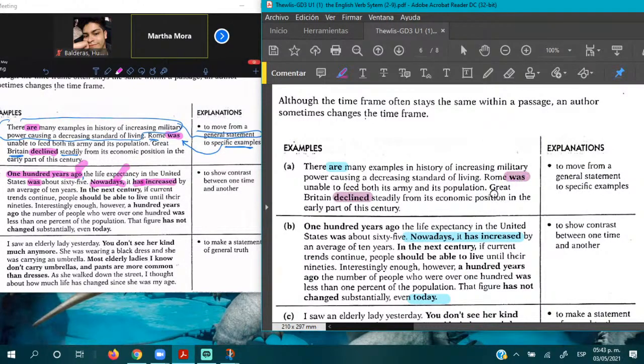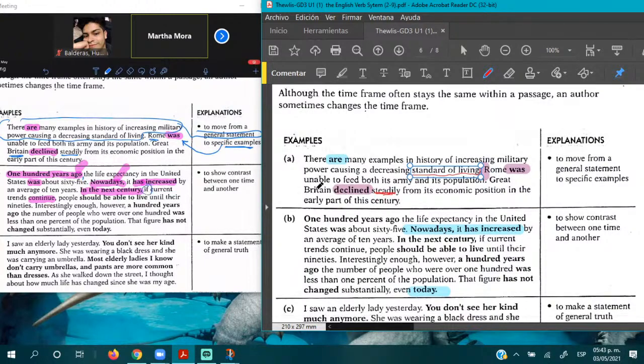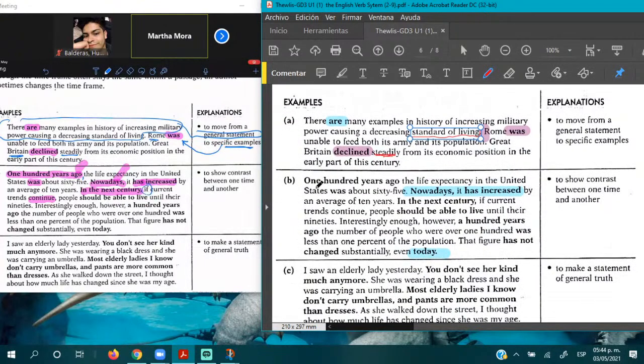And then, again, in initial position, we have this time expression changing the time frame. So that is why we have this present. Remember that present was used to express future in the company of if, when, until.